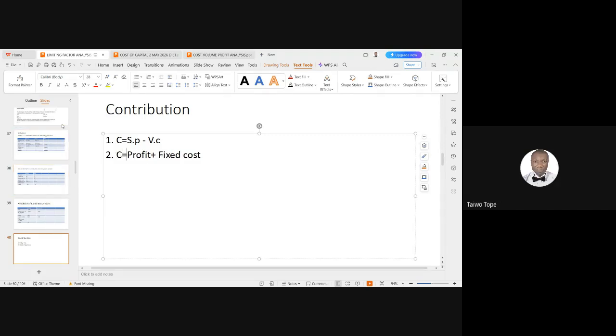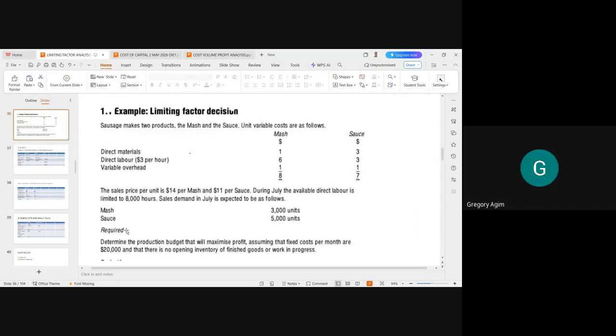Now, let's go back to the question. I want you to see very well. Determine the production budget that will maximize profit. Profit means you are looking for what? Profit, isn't it? Assuming that fixed cost amounts to $20,000.